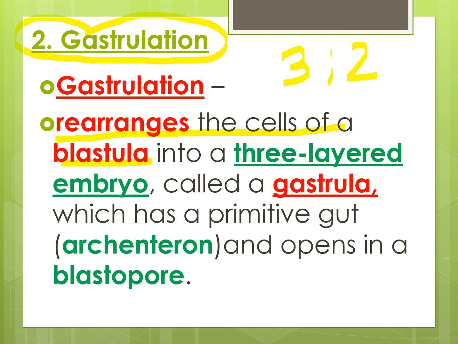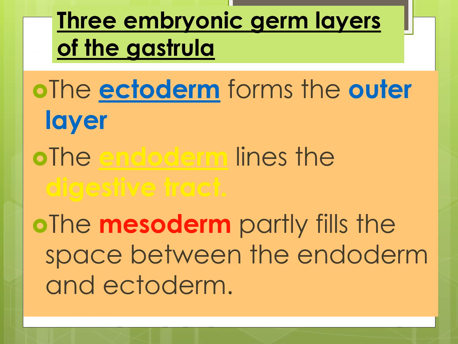And a nice way to think about this is, for example, if you have a ball like a tennis ball and you press your thumbs inwards, that is, metaphorically speaking, what happens during the process of gastrulation. And once gastrulation has taken place, we then form a gastrula.